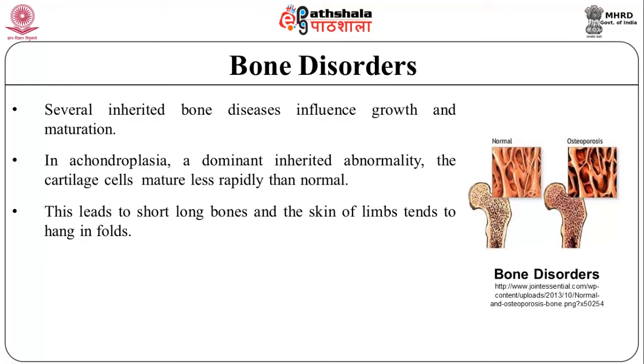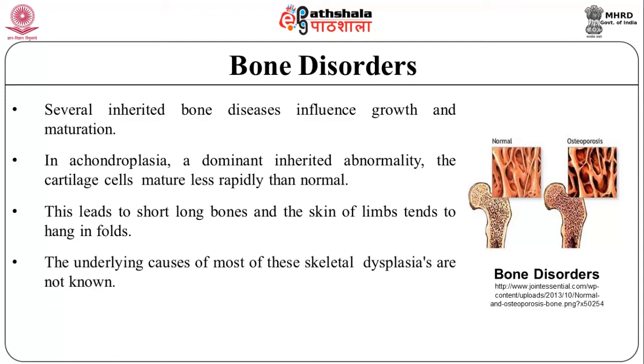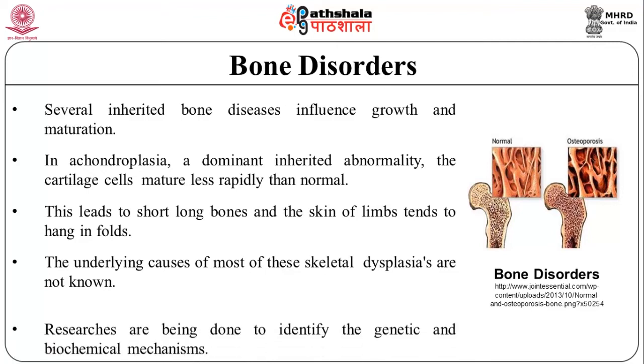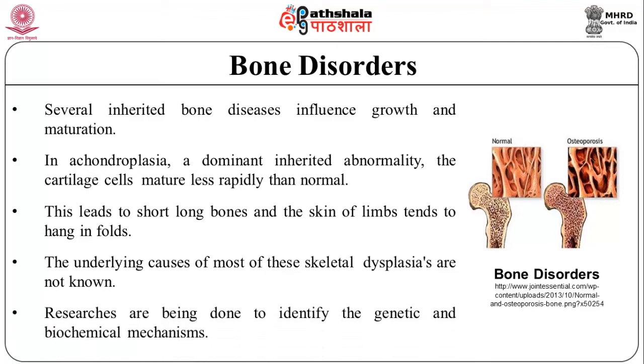A recessive abnormality known as osteochondrodystrophy results in decreased growth of articular cartilage and consequently metaphyseal development is delayed. Degenerative changes in joints, sclerosis may lead to restriction of movement. The underlying cause of most of these skeletal dysplasias is not known. Research is being done to identify the genetic and biochemical mechanism.